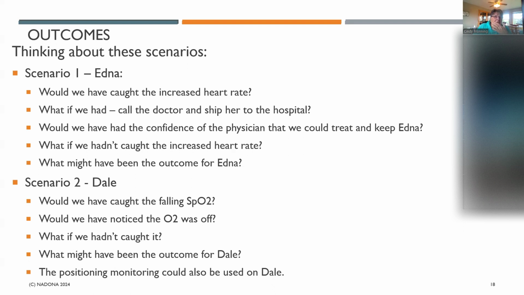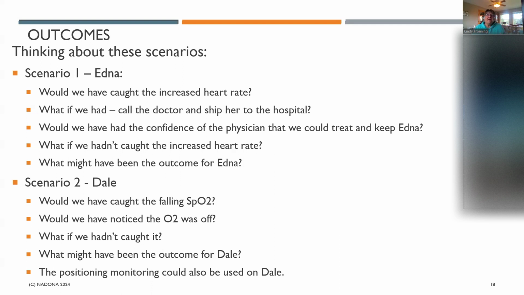The other thing that is really unique with this monitoring system is the repositioning component. With Dale having an ulcer already on admission, it was very important that he be repositioned, and the repositioning device is a great piece of this technology, because it can tell us when they were last repositioned.